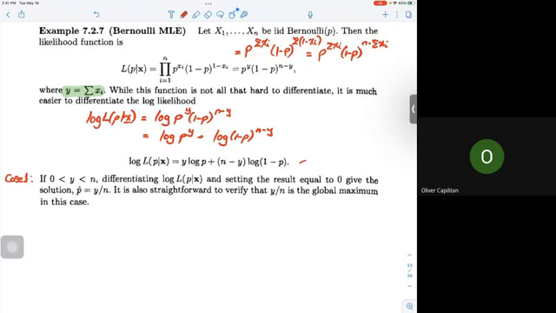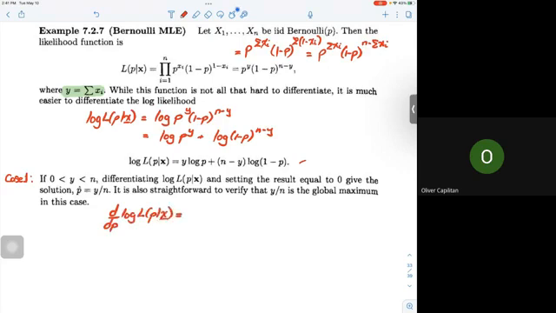It is also straightforward to verify that y over n is a global maximum in this case. So I'm going to show why. Taking the derivative of the log likelihood with respect to p and equating it to 0.